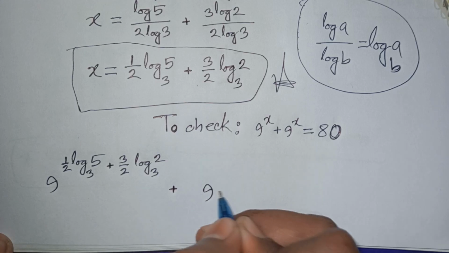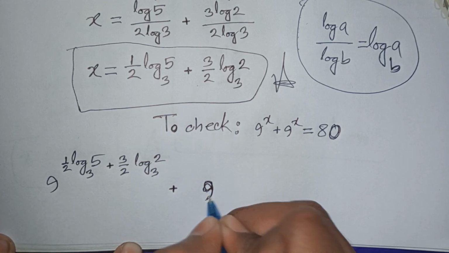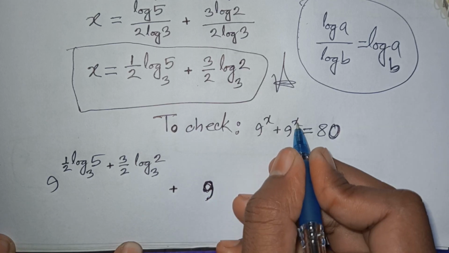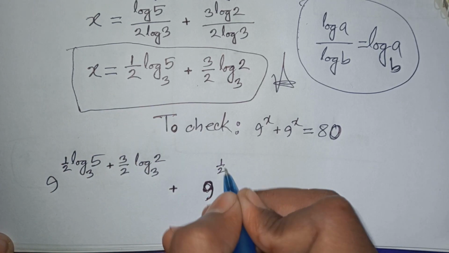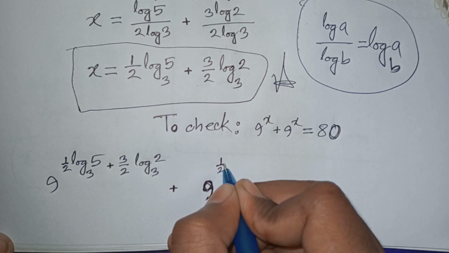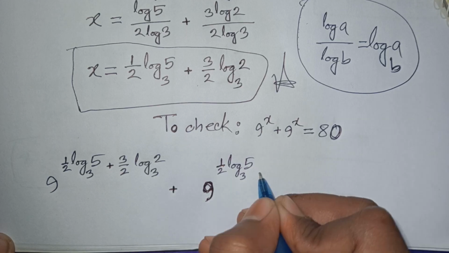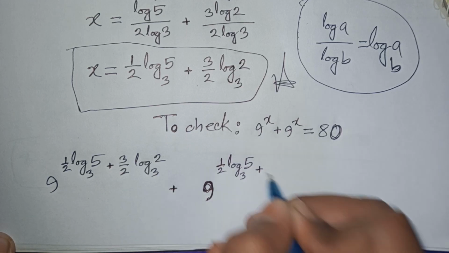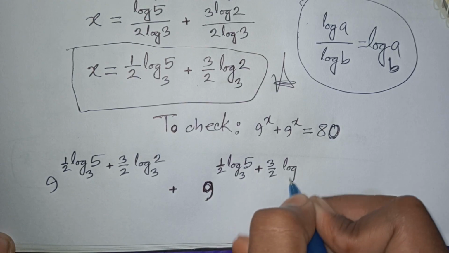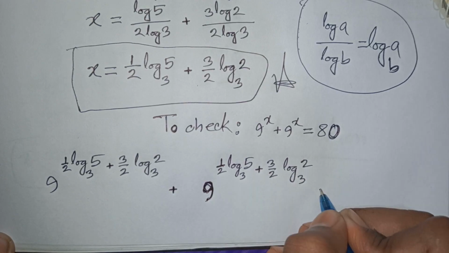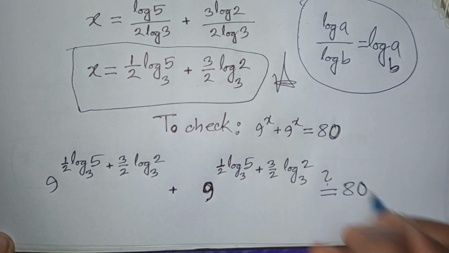9 power of x, that means the value of x is 1 over 2 log 5 base 3 plus 3 over 2 log 2 base 3, is it equal to 80?